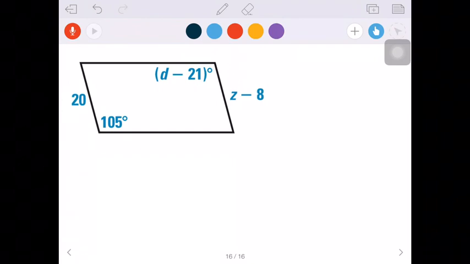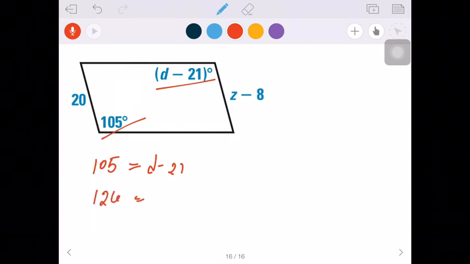So here it's a combination of angles and sides. In the given, 105 is the opposite of d minus 21. And we know that the relationship is that they are congruent. Opposite angles are congruent. So simply saying, the value of d is 126. Okay, but you don't put degrees.